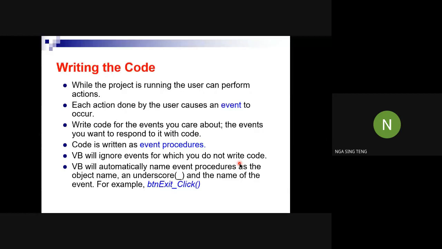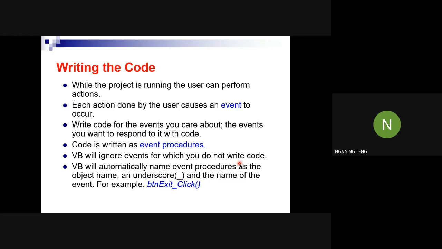So it will actually give you real code. Okay, like private blah blah blah. If you do the button click, you double click on the button, it will actually give you a list of the codes already ready there. Ready there, then you just fill out something. So sometimes you click it without any purpose.